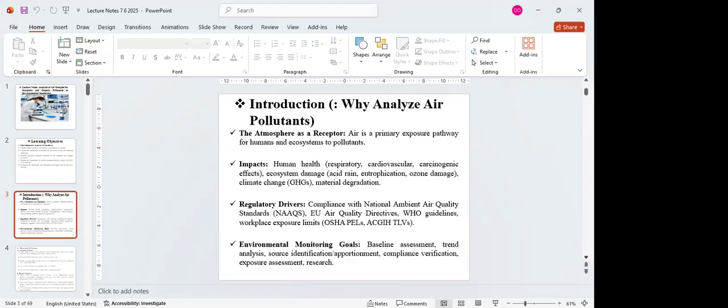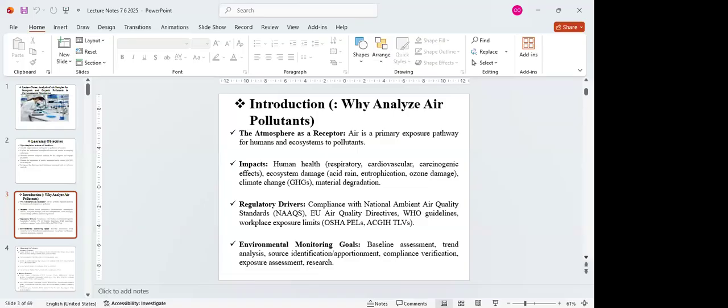So some of these regulatory drivers are compliance with National Ambient Air Quality Standards, NAAQS. We also have the EU Air Quality Directives, and we have the WHO guidelines, which also interrelate with the workplace exposure limits, what we call the OSHA PELs and the ACGIH TLVs.